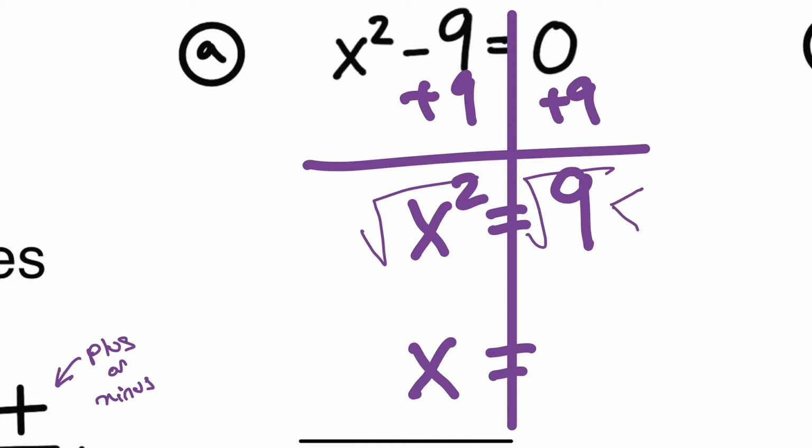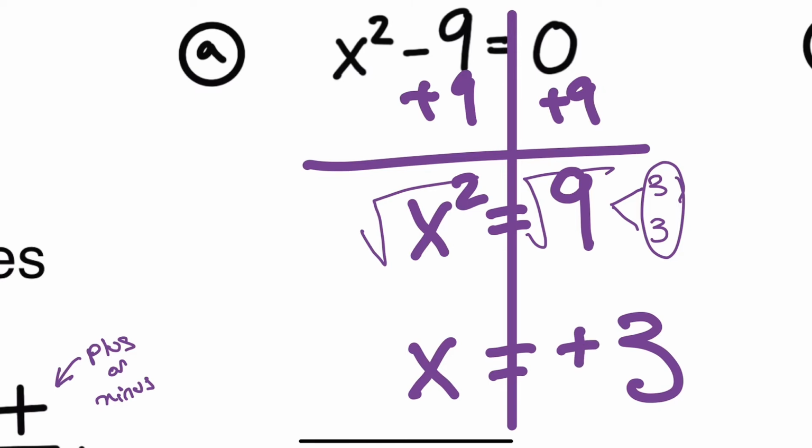So the way we can think about this is by finding those factors. That's a pair. So my answer would be 3. But remember, your last step was going to be to put that plus or minus sign. And that's going to be it. Isolate your x, square root both sides, write your answer with plus or minus. And that'll be all. So I'll give you all a second to write that down.